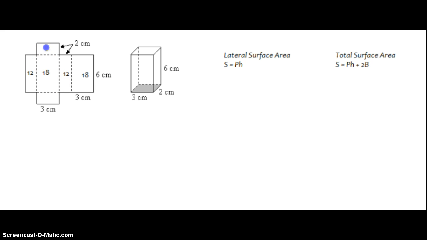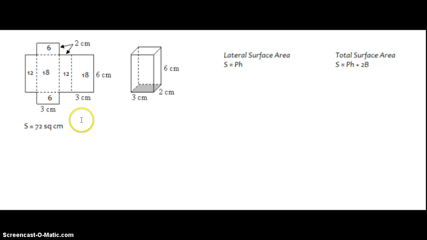And then let's just go ahead and do the bases. The base would be 3 by 2, so that's 6, and this would also be 6. If we combine all of those, 12, 18, 12, 18, 6, and 6, we would get 72 square centimeters.